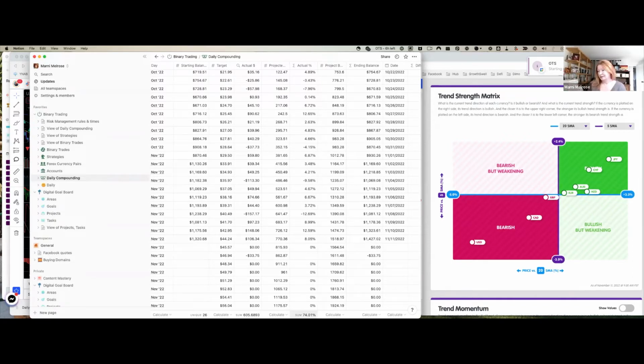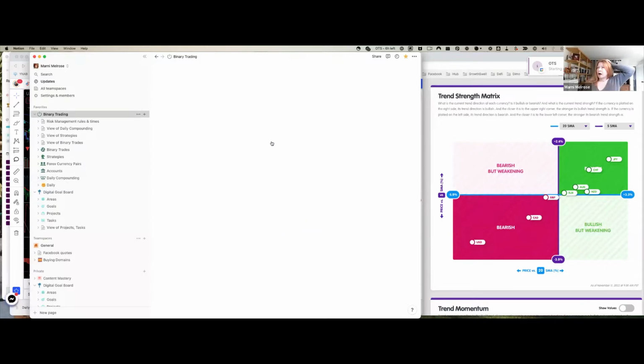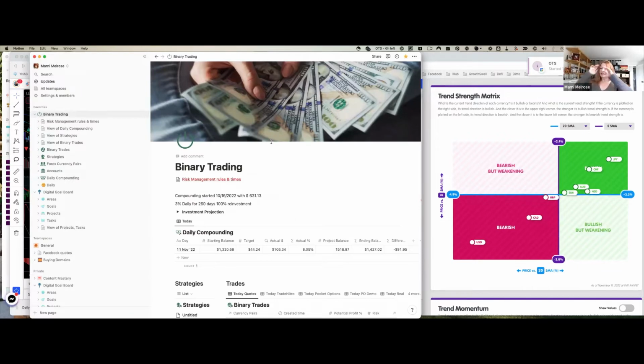That's your primary goal. If we look at the binary trading here, the way I'm thinking of it is you could replace your income on this, right? Once you get to a certain level. Would love to.